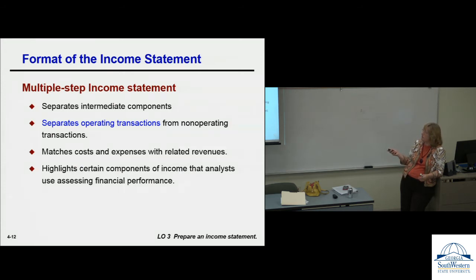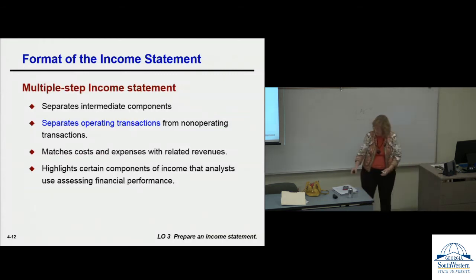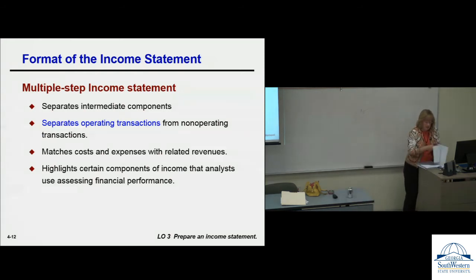Okay, so now we're going to prepare an income statement. So let's look in the book. What we're going to do is look at an example of a multi-step and a single-step income statement.